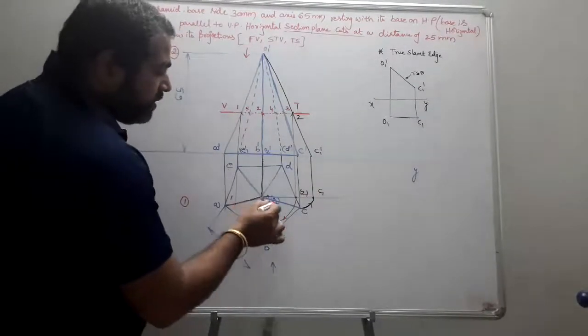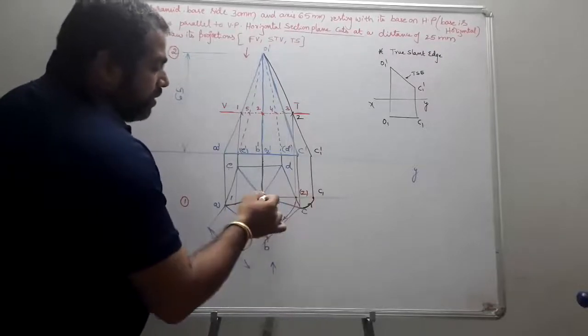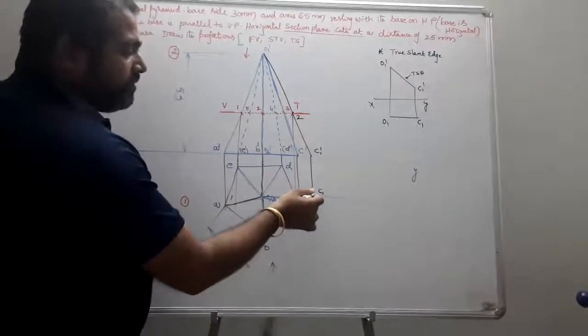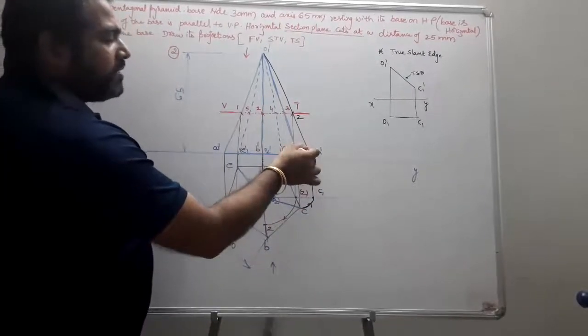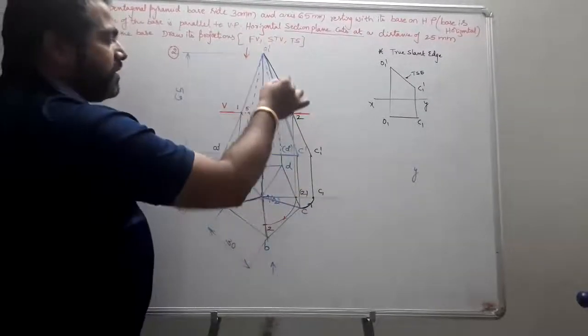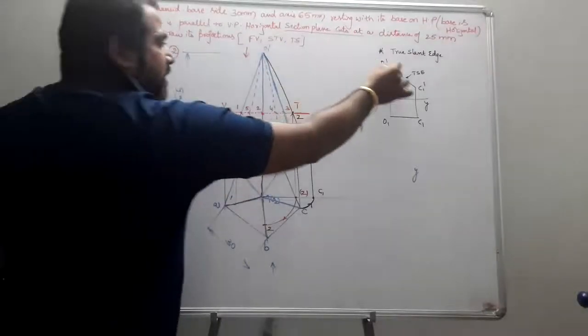So this becomes your C1. When it comes above the XY line, it changes to C1 dash. Now join O dash with C1 dash. So this becomes the front view, which is a slant edge.